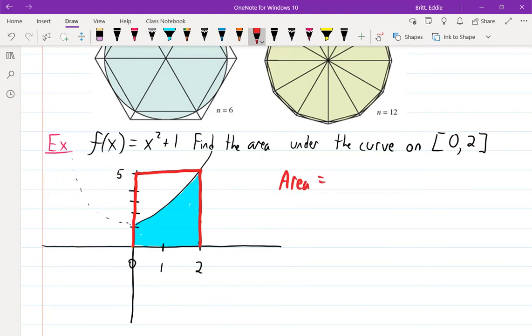Well, it's length times width, or base times height. My y value, or my change in y, is 5, and my delta x, or my change in x, is 2. And so I would get 10 square units.